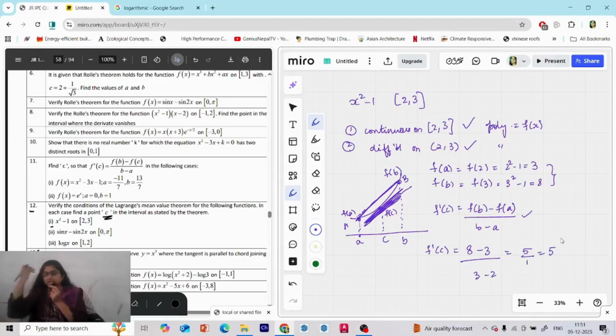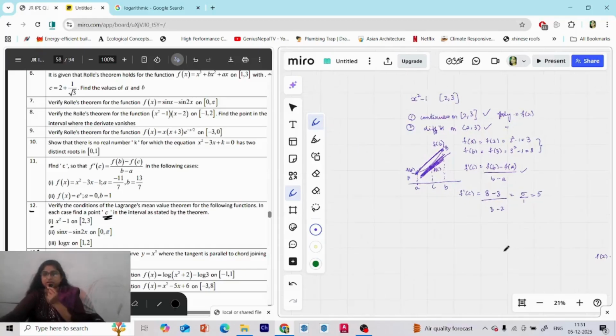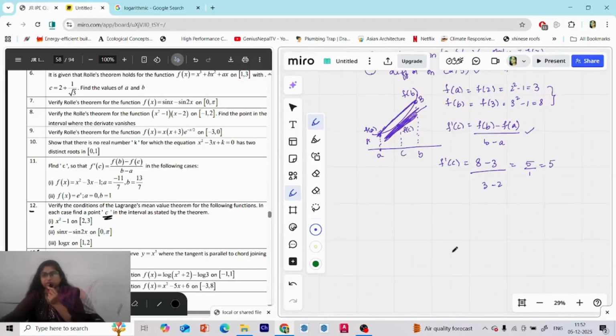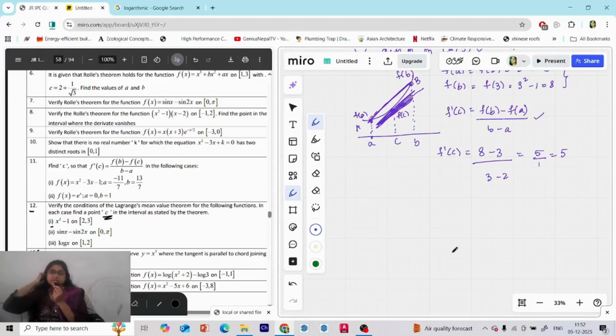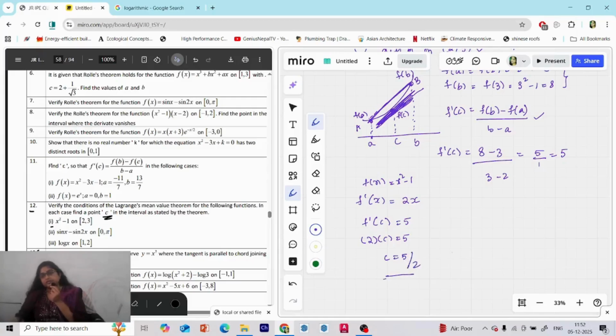So what should we equate f dash x to? Instead of usually equating it to 0 when we are doing maxima and minima, in this case we will equate it to 5 and find out the x value. f dash x is 2x. If f of x is x square minus 1, f dash is 2x. And they are saying f dash of c is equal to 5, so we put c in place of x. So 2 into c is equal to 5, c is equal to 5/2.